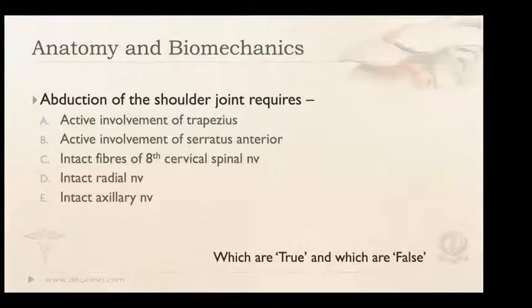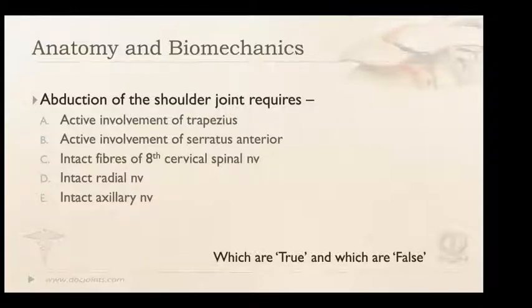So active involvement of trapezius and serratus both are required for overhead movements. Axillary nerve supplies deltoid, which is again required for above 90 movements. What about C? Okay.